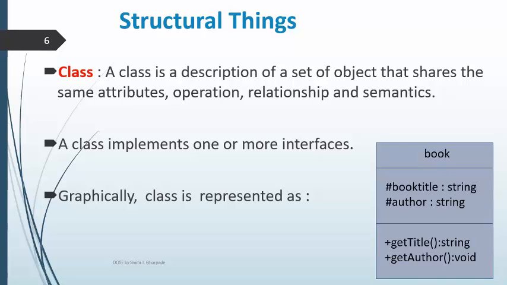Like this, n number of functions which are necessary to implement that class are going to be defined in the third section. So usually a class is represented by a rectangular box with three sections. First section class name, second section set of attributes, and third section set of operations carried out on that class object.